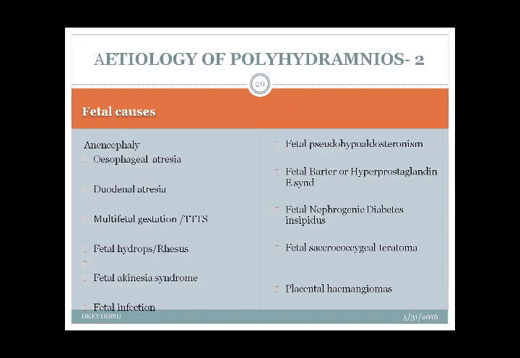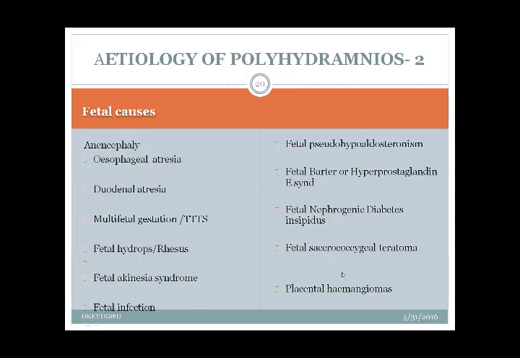Multifetal gestation, definitely TTS, can also result in polyhydramnios. Fetal hydrops in cases of rhesus immunization, fetal akinesia syndrome where the baby is not moving itself, and fetal infections are of lesser importance and lesser incidence.